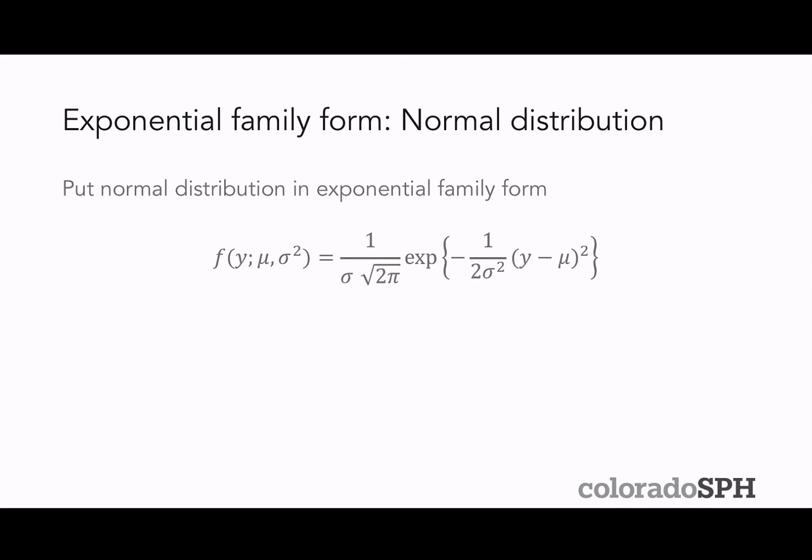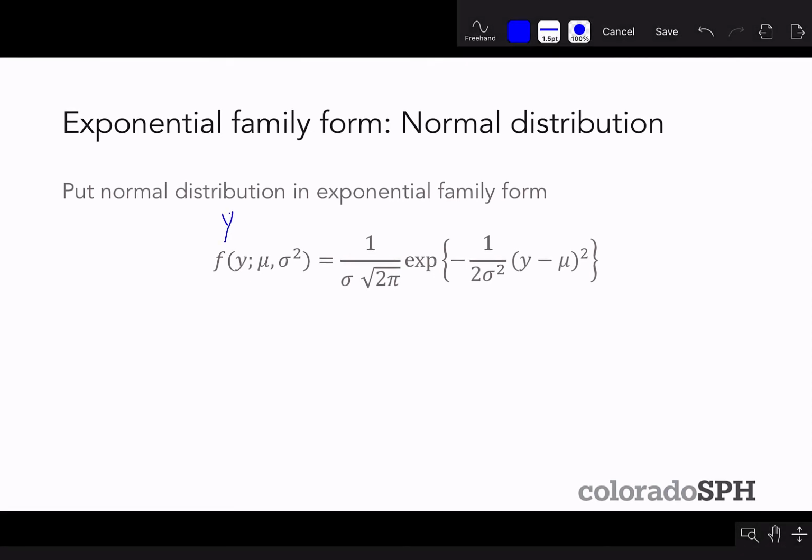Okay, to try to make that all a little bit more clear, I'm going to show an example of putting the normal distribution into exponential family form. Say we have a random variable y, which has a normal distribution with mean mu and variance sigma squared.